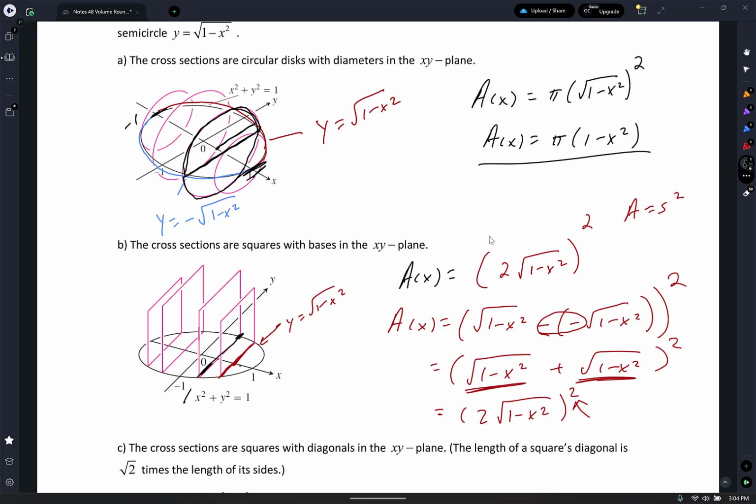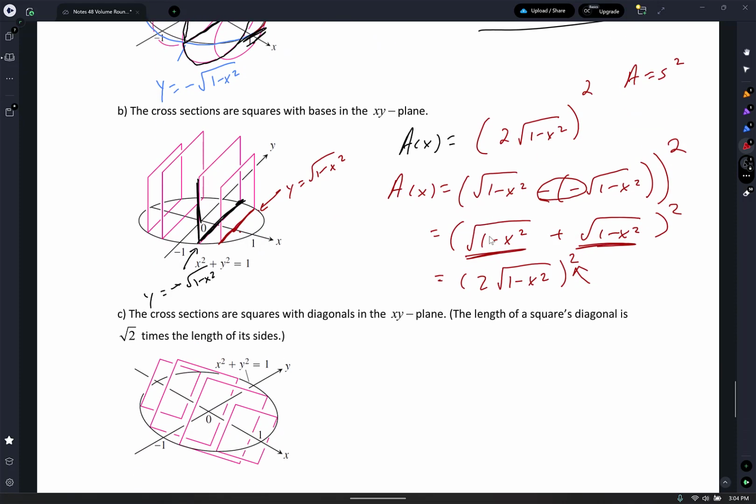The bottom of that curve is negative square root of 1 minus x squared. So upper minus lower. Oh, there's 2 of them. 2 square root of 1 minus x squared. And then because this is a square and that side is the same as this side, square both sides. Just however you see it that you think is easier, as long as it makes sense. It's all logic. Math should be the easiest thing, right? Because it's all logic.